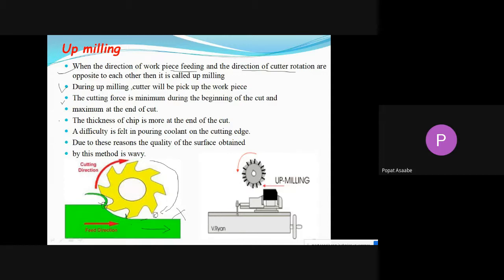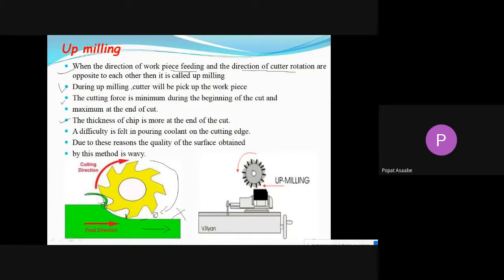And the thickness of the chips, whatever chips are generated because of removing the material from the workpiece. We know that this cutter is rotating and the workpiece is feeding. Because of that, the cutter removes material from the workpiece, means it generates chips. During the machining process chips are generated, and you have to remember that in up milling the thickness of the chip is more at the end of the cut.